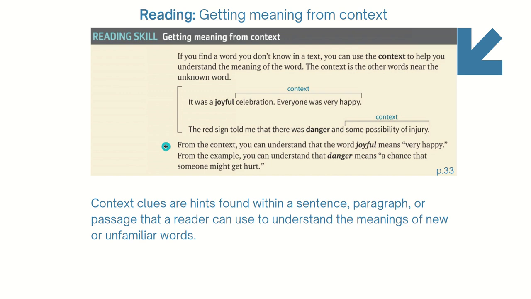And then let's take a look at the conclusion from this lesson on page 33. From the context, you can understand the word joyful means very happy. And from the example, you can understand that danger means a chance that someone might get hurt.